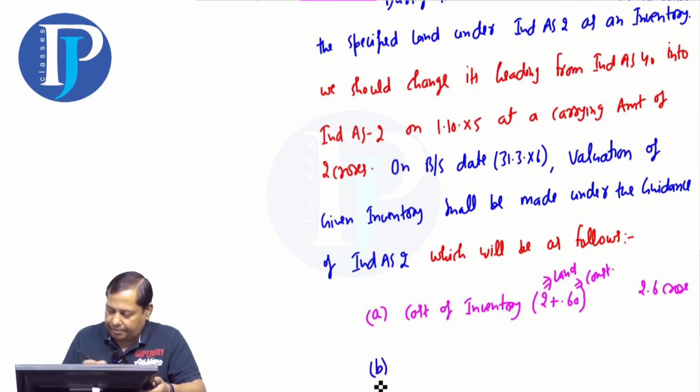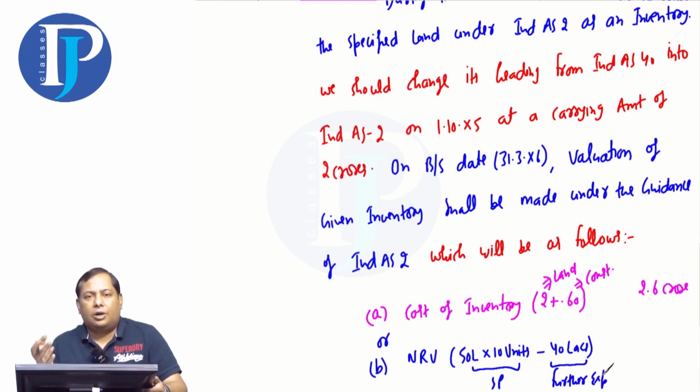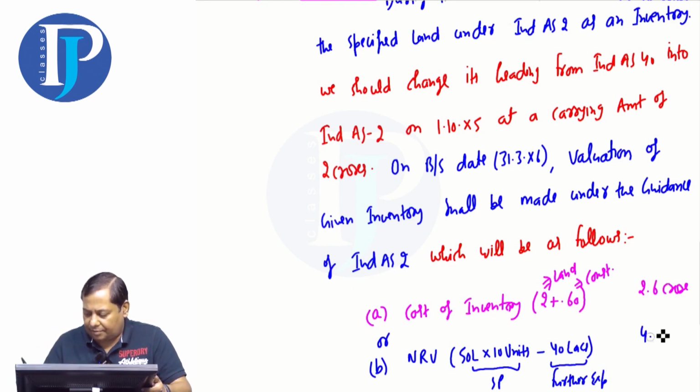Now point B, NRV: 50 lakhs into 10 units minus 40 lakhs. This is selling price. This expense is yet to occur. If you get 5 crore, you will have to invest 40 lakhs, so the net will be 4.6 crore.